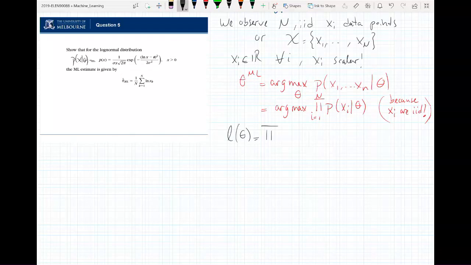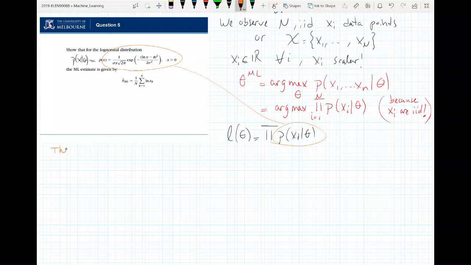So that will be basically p(xi given theta) is this one. Then, because this is a product, what do I do? I take the log, right? I can write the log likelihood.